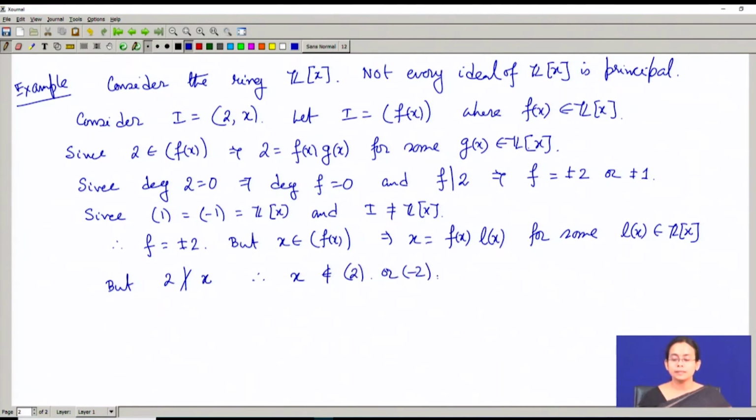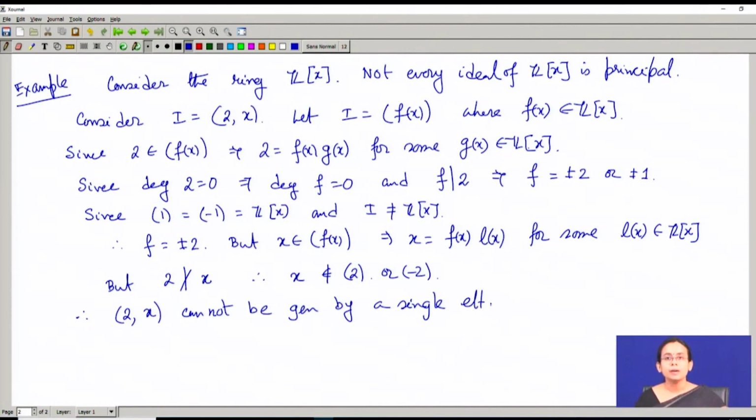Hence, this ideal cannot be generated by a single element. Therefore, the ideal generated by 2 and x cannot be generated by a single element. But what happens if I consider the same ideal in R[x] instead of Z[x]?